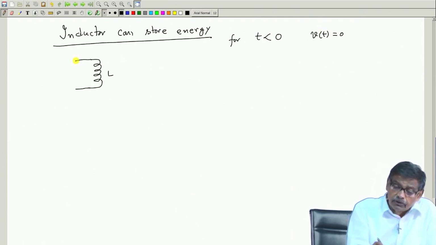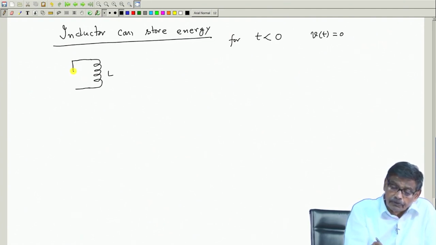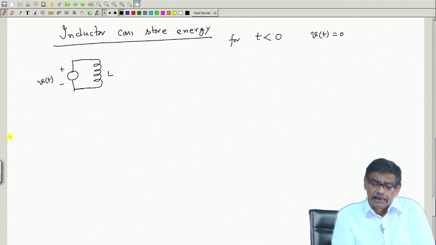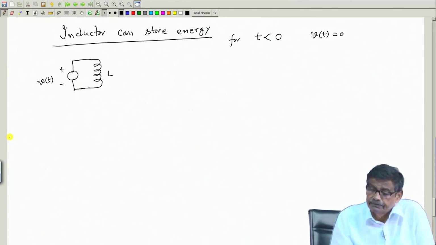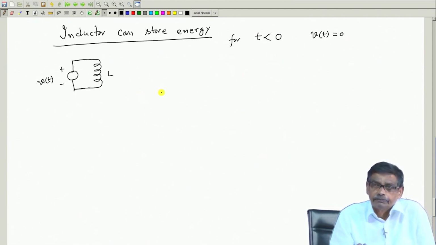And at t equal to 0, we apply a voltage V t, and V t could be any reasonable function. So, the game starts here from t equal to 0.